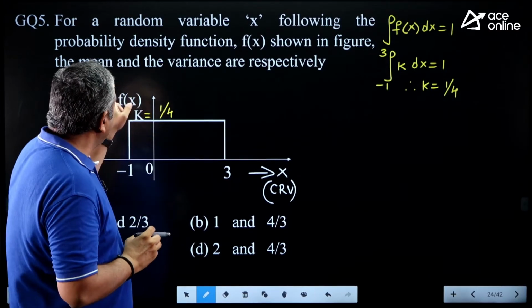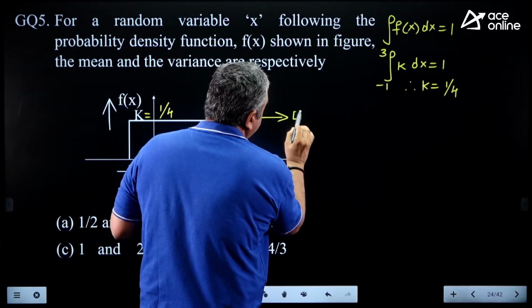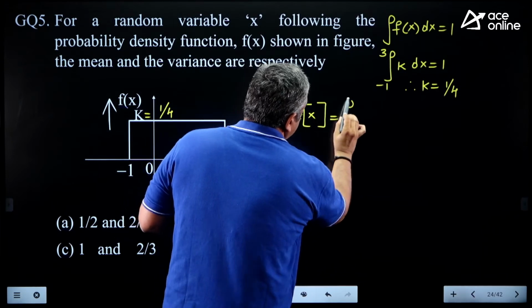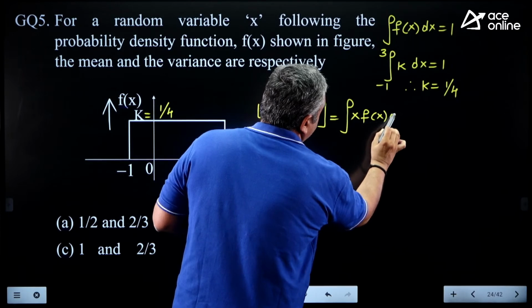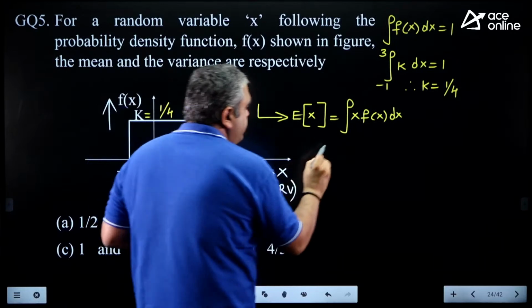Now, what do you mean by mean? Mean is nothing but expectation of a random variable, first order moment. So it is the integral of x into f of x. What will be this value now?